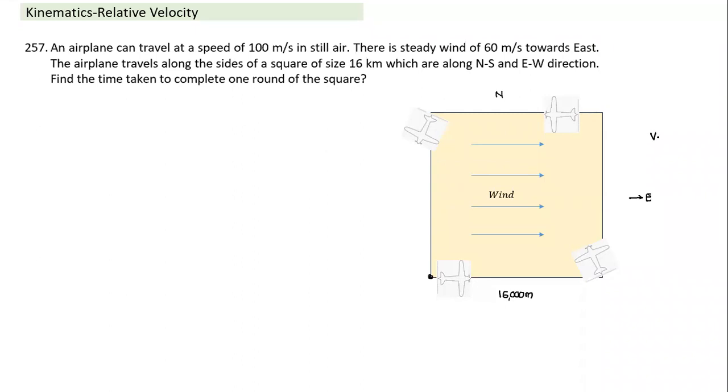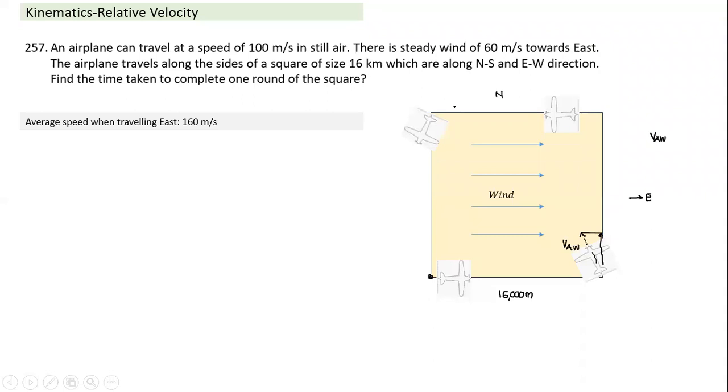VAW. What is VAW? In this case, if the body of the aeroplane is like this, this is the direction of the velocity of the aeroplane with respect to the wind. And if this is the wind direction, this will become its ground velocity. So this is how it has to be oriented, and this is how it will move.